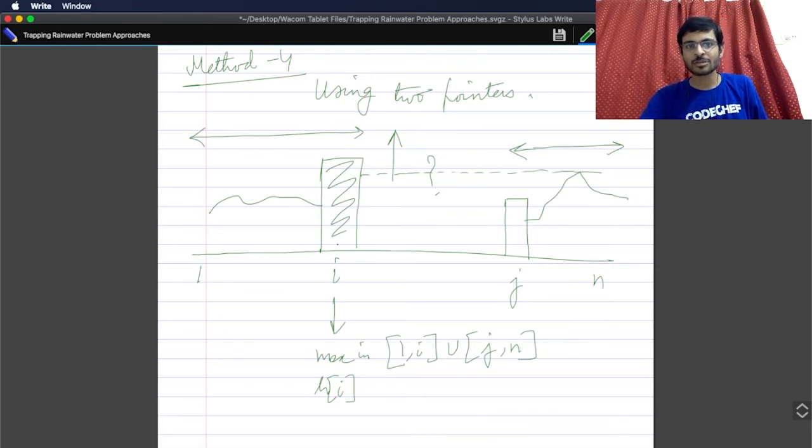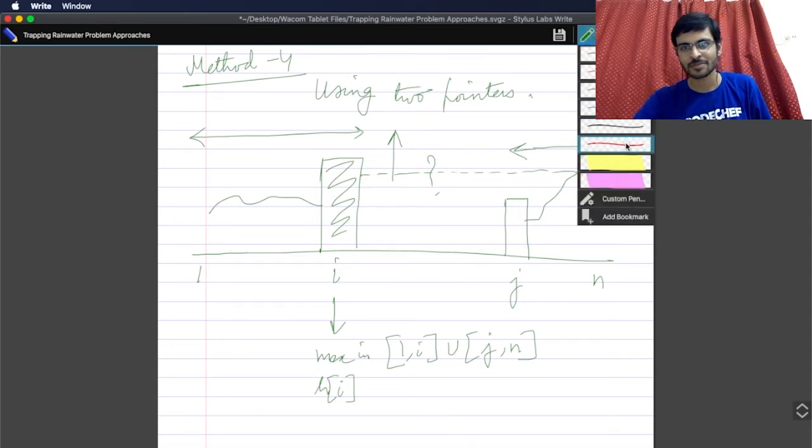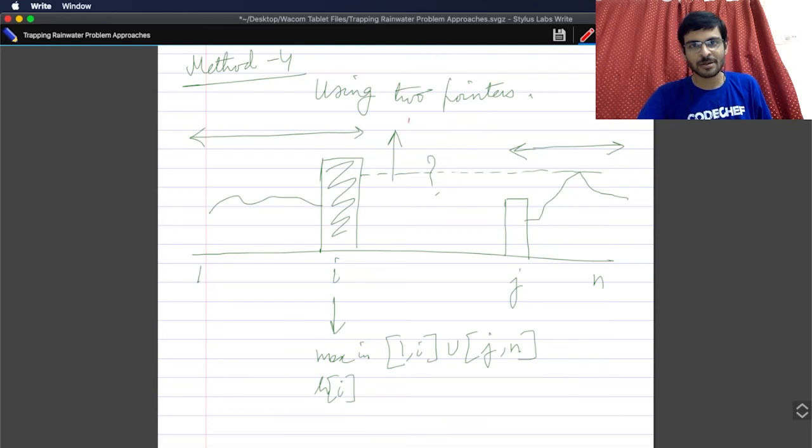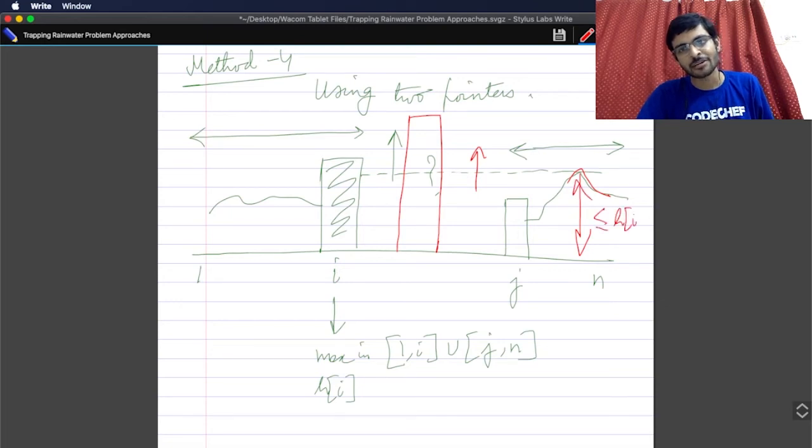My left pillar, I know that this is present. So after this, if some other pillar over here is present up to this particular height, can I say I can raise the water level? No, right? Because my right people, they have said that we are all less than or equal to hi.